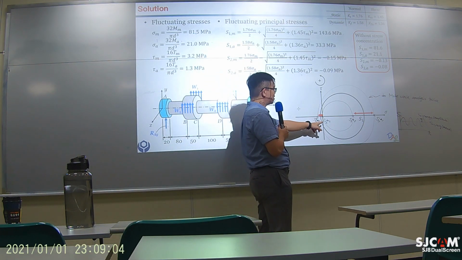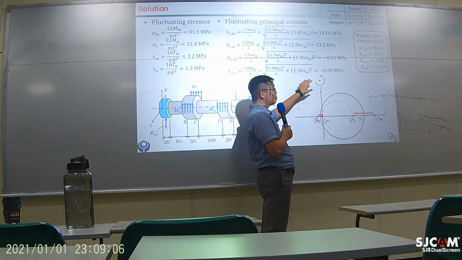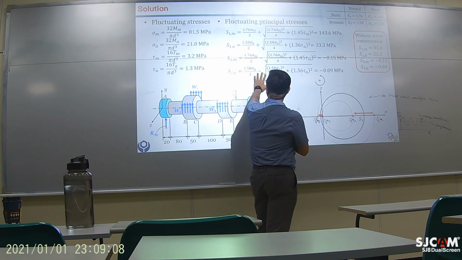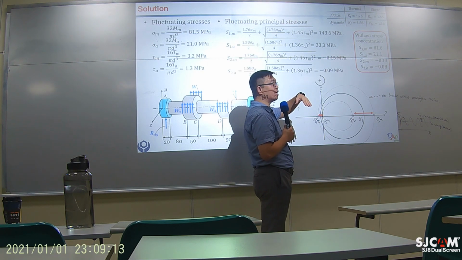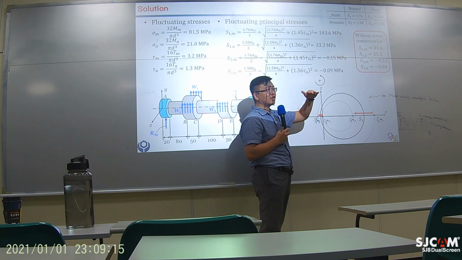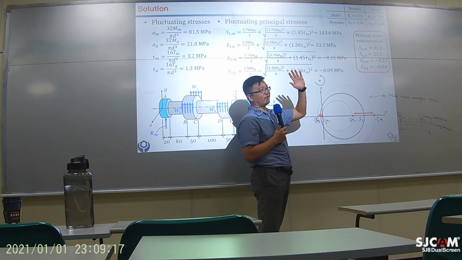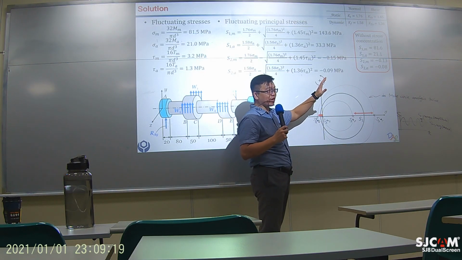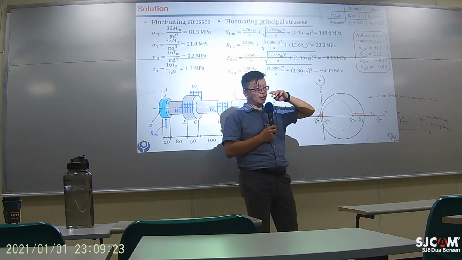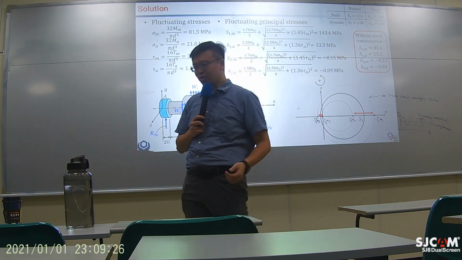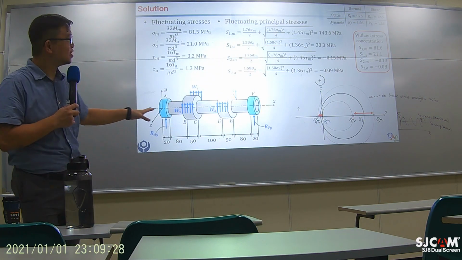This is by studying the fluctuation and then getting the mean effect and the fluctuating effect, separating them, and applying them to the Moore circle equation separately.